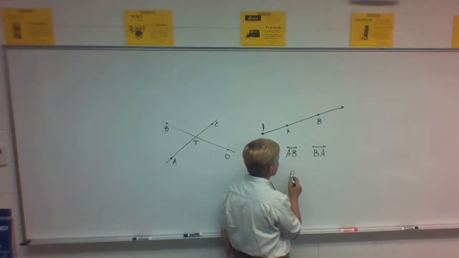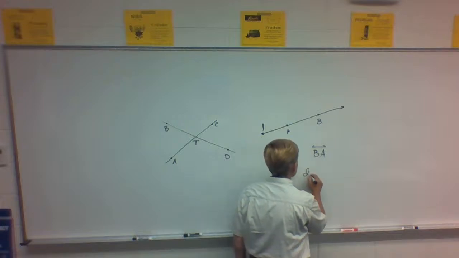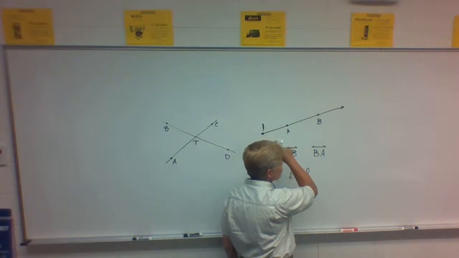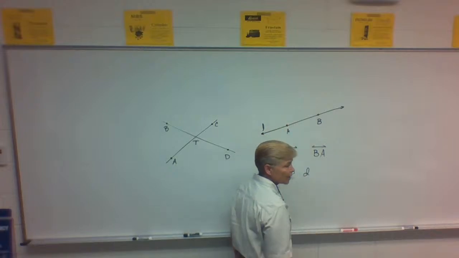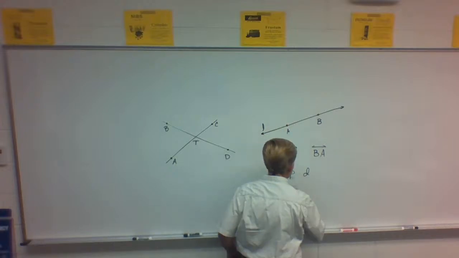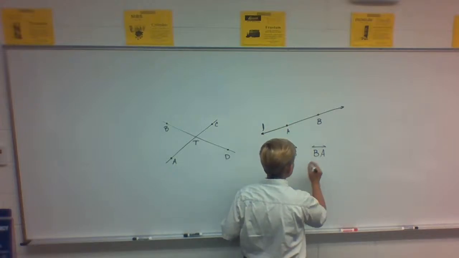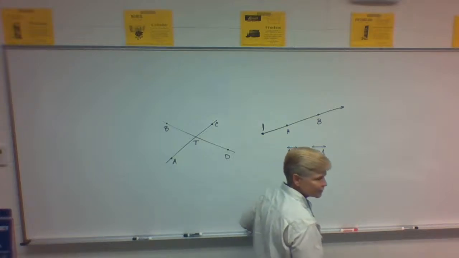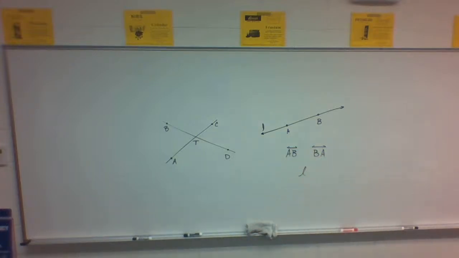A small cursive letter P or a D, something like that. All small cursive letters refer to lines, and they're usually found near the arrowhead of the line. So there's 3 different names for this particular line: AB, BA, and L. Okay? They use L a lot because L's what line starts with.